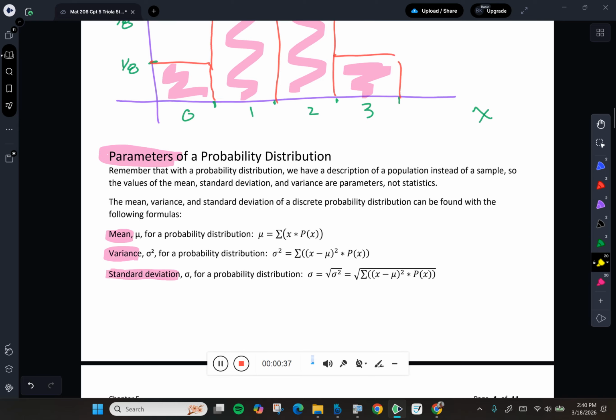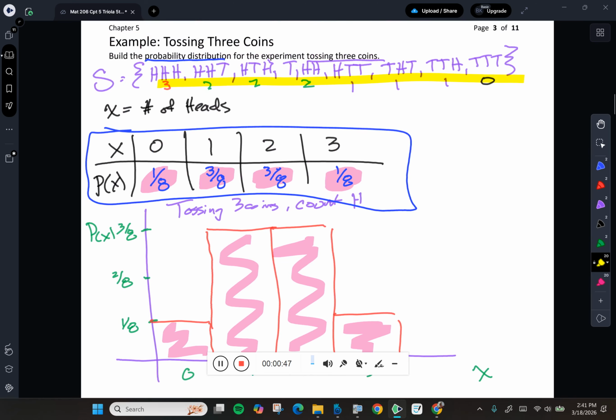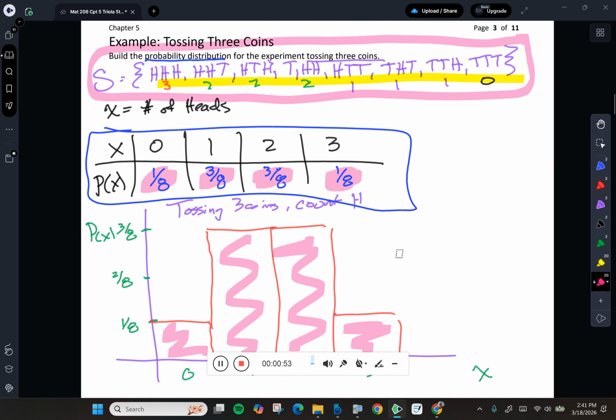Right? So first off, remember that with the probability distribution, we are looking at a population and not a sample. The reason this is a population is because when we set this thing up way up here, we found everything that could possibly happen. We didn't toss these coins 2 or 3 or 4 times.